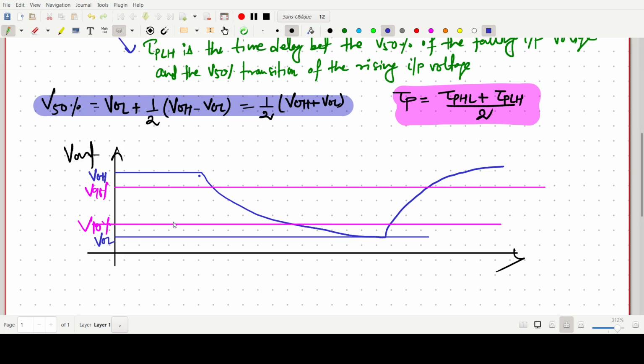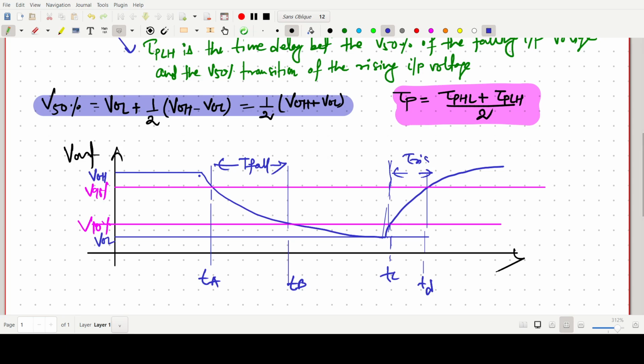So one more definition we can say in terms of 90%, and it is cut here. If I say this one is the TA point, TB point, and this point is the TC point and TD point, in terms of the 90% and 10% voltage, this is called T fall and this one T rise.